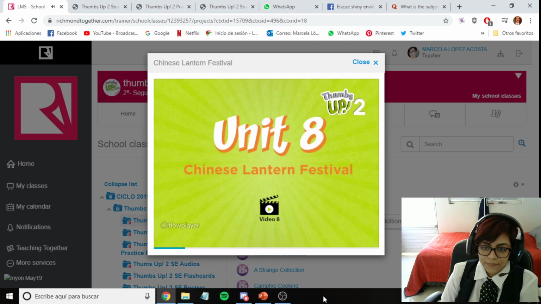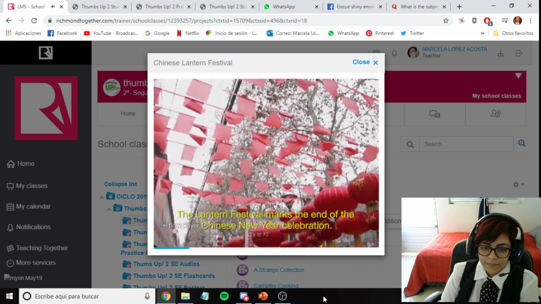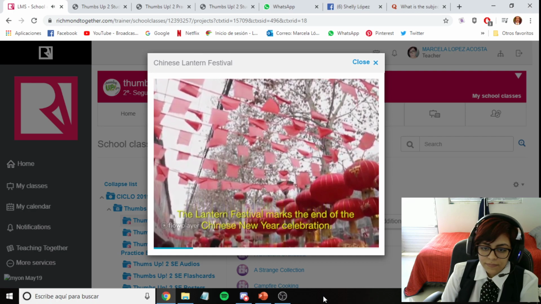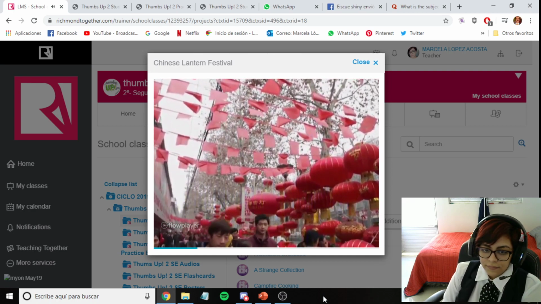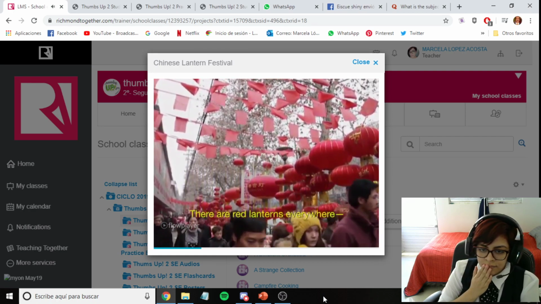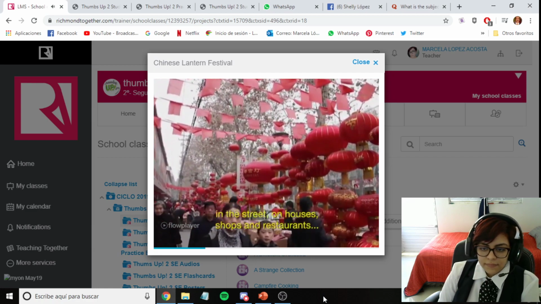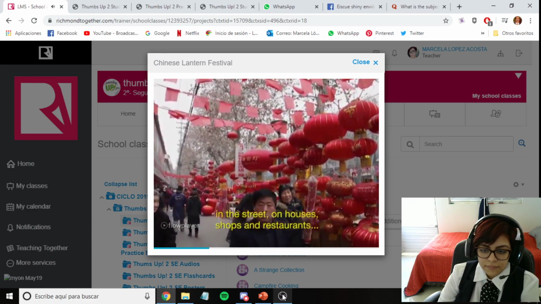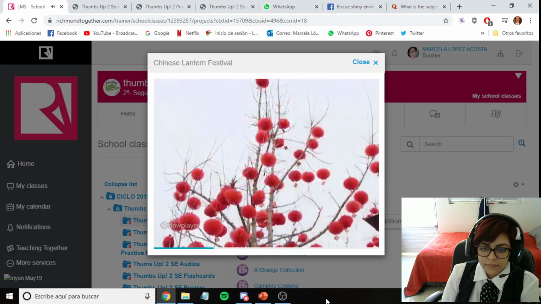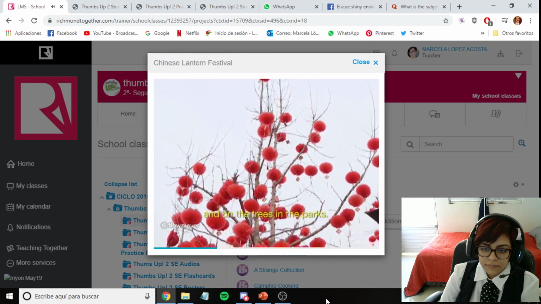Chinese Lantern Festival. The Lantern Festival marks the end of the Chinese New Year celebration. There are red lanterns everywhere, in the street, on houses, shops and restaurants, and on the trees in the parks.